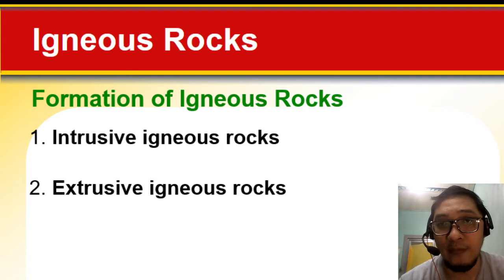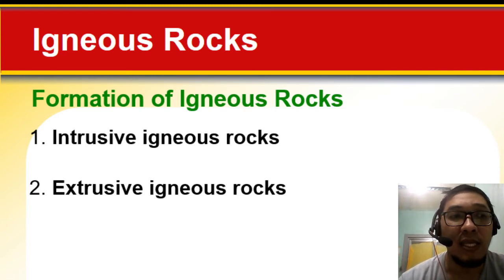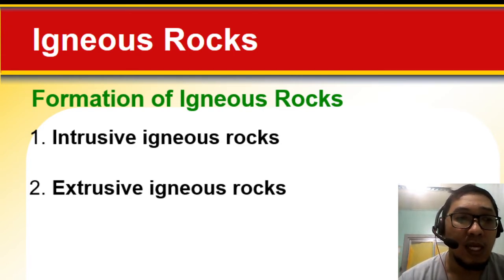From the word itself, intrusive is a kind of rock that is located deep within a volcano. And extrusive is a kind of igneous rock that could be found outside. But there are mnemonics for us to understand the difference of the two.